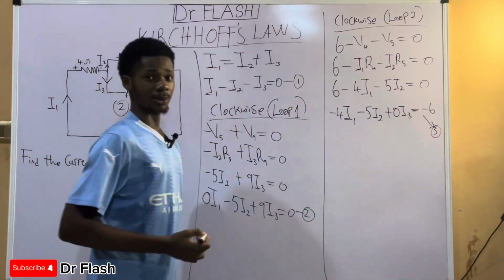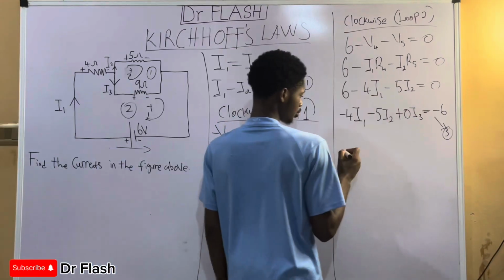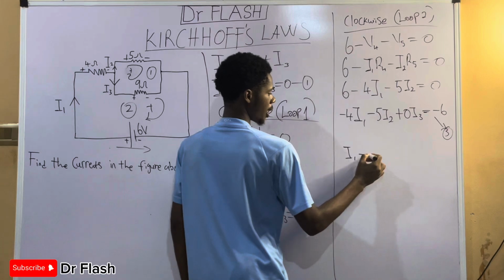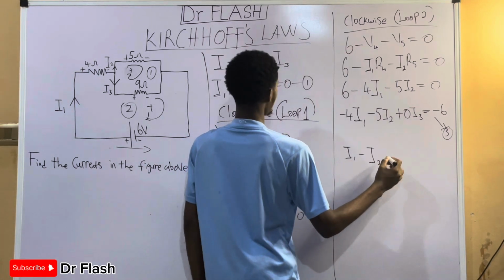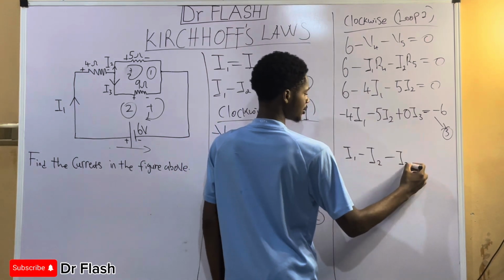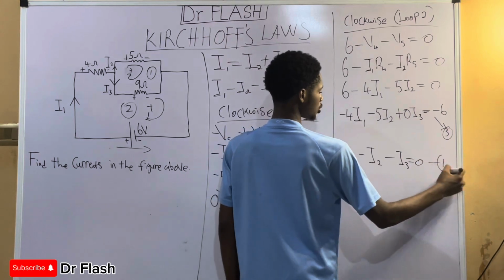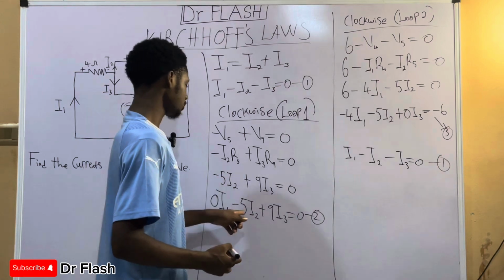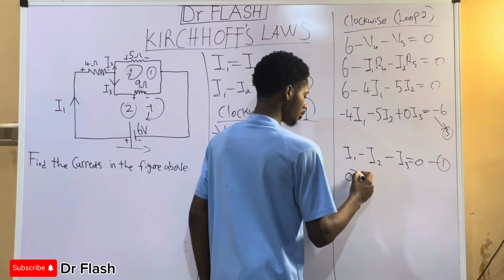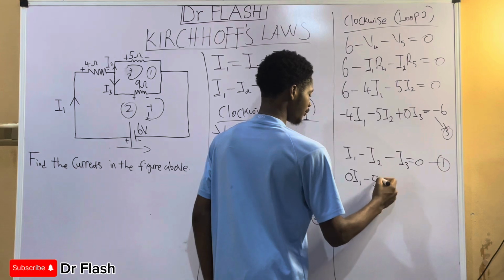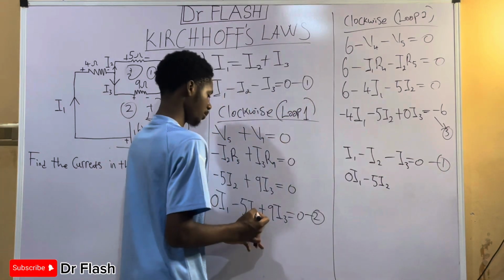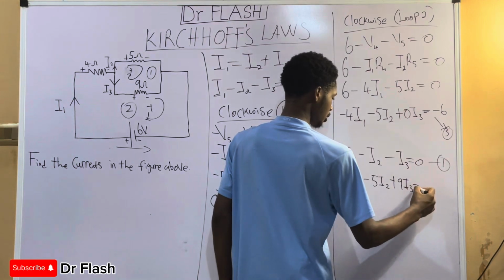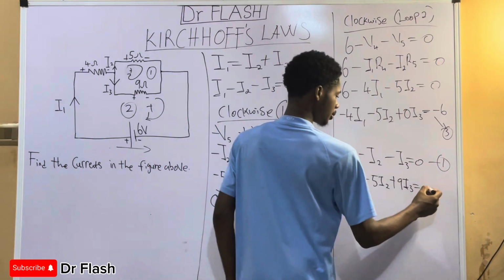So solving the equations simultaneously, I'm going to rewrite everything. The first one is I1 minus I2 minus I3 equals 0, and this is equation 1. And then here's equation 2: 0I1 minus 5I2 plus 9I3 equals 0.